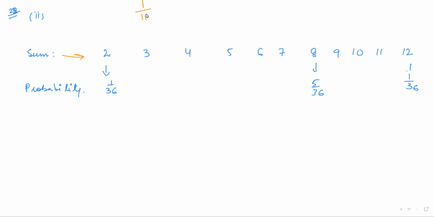Do you agree? Now we have actually seen that in each case, the probability is different, right? Yes, ma'am. So these events are not equally likely. They don't have equal chances of occurring. So you will write that the probability is different for every event.